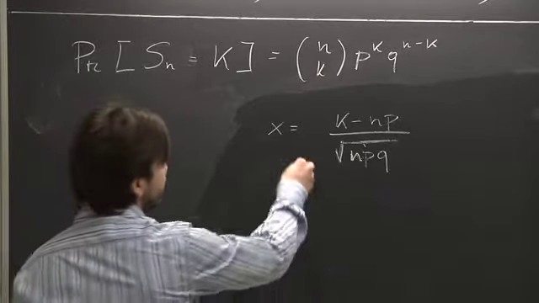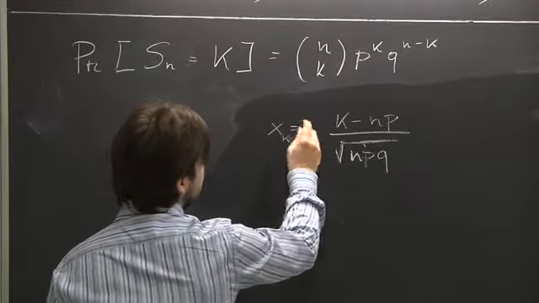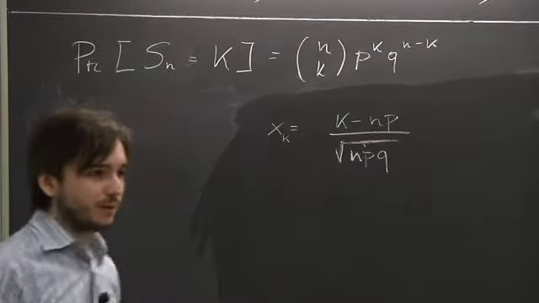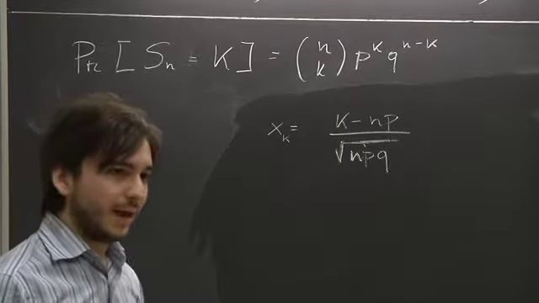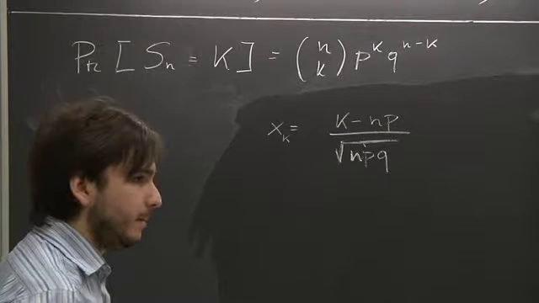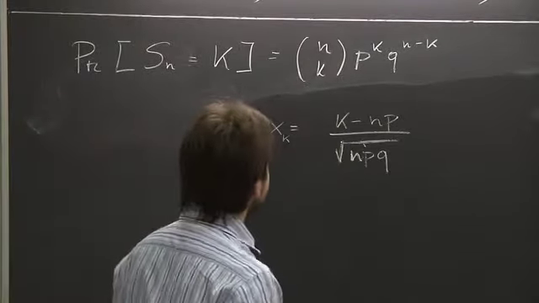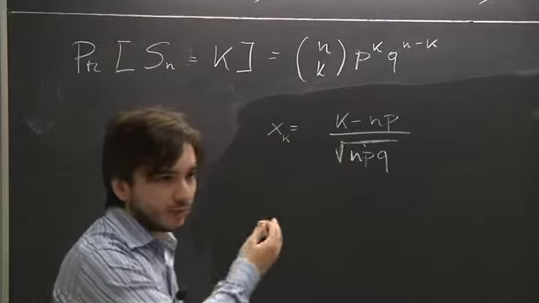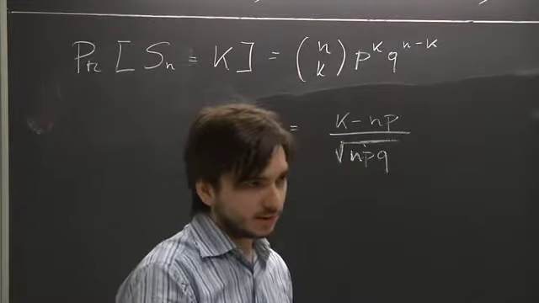Sometimes later I will call this x_k because it does depend on k, but just for simplicity during the proof of the theorem, I will just call it x. It's the same thing.